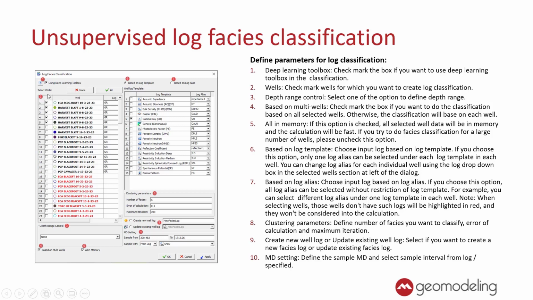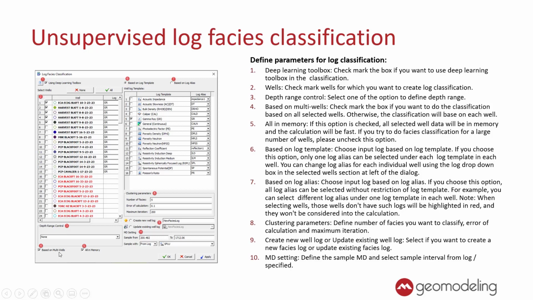And the second part is selecting wells. You can checkmark the wells for which you want to create log classification. And the third part is depth range control. You can select one of the options to define depth range. You can select well tops or specified MD for depth range control.